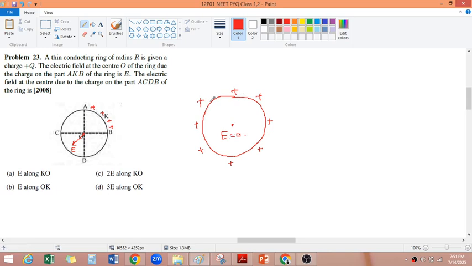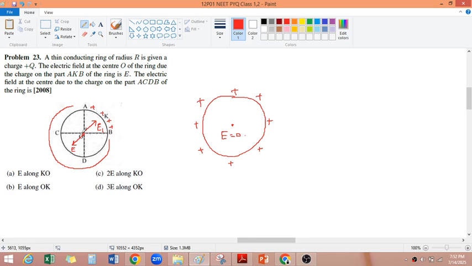Which means because of this region alone, the electric field will be this way, which means the electric field because of this region will be opposite of this. So that means it will be E along OK.